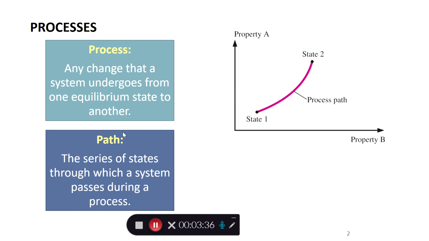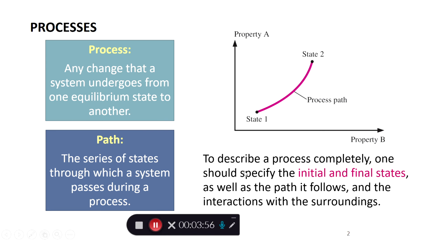Here's an example. State 1 is the initial state and this is the final state. This is one process path. As you can see, you can create as many lines as possible between state 1 and state 2. In order to describe a process completely, one should specify the initial and final states, that would be the points, these black dots, as well as the path it follows.